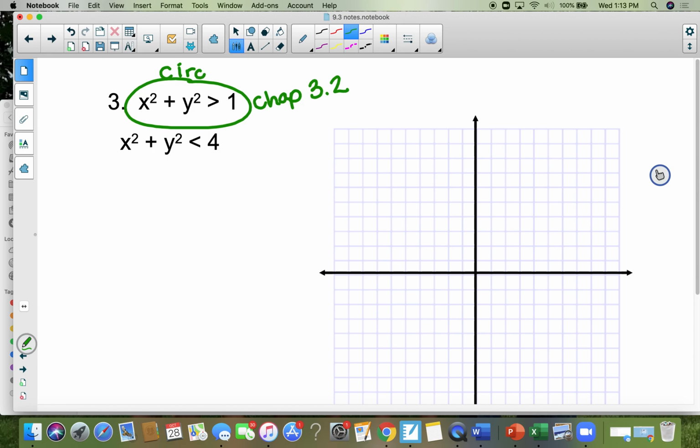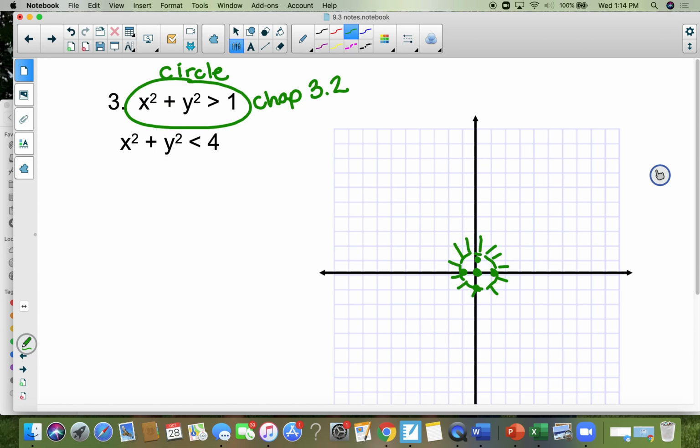You can recognize that this makes a circle at 0, 0 with a radius of 1. And it's a dotted line, or a dotted circle, I mean. And y needs to be greater than that. So you're shading outside of this circle. It's greater than.